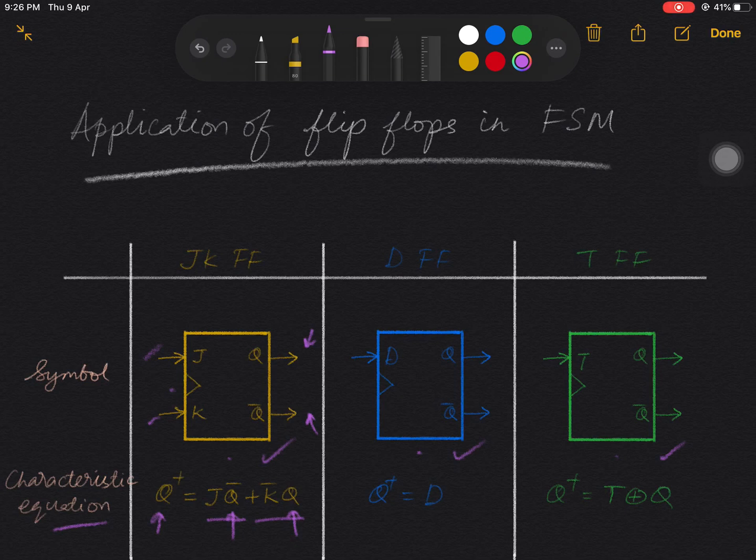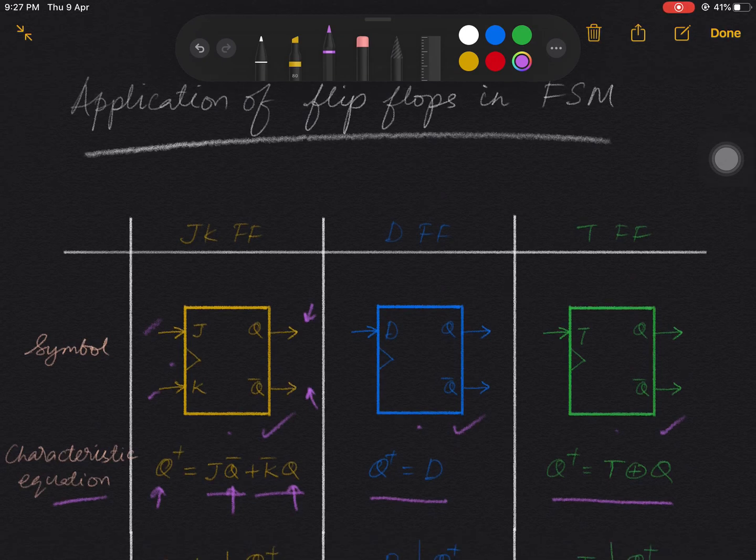Next, for the D flip-flop, the next state Q plus simply equals D. And for the T flip-flop, Q plus equals T XOR Q. So the D flip-flop is perhaps the most straightforward.